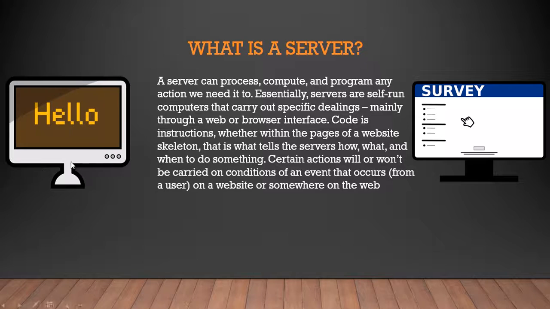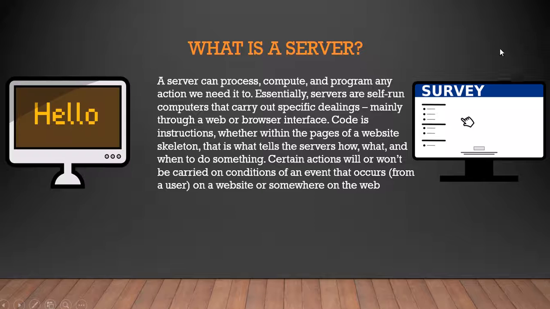A good example of this is when you're on a website and you might have to take a survey, like a personality survey, for example. When you enter in all the details about yourself, it compiles all that information and sends it to the server.